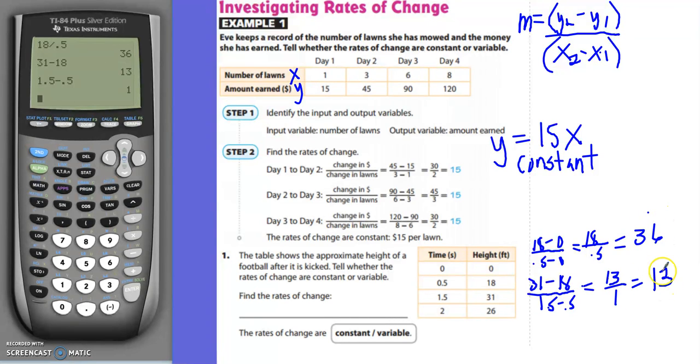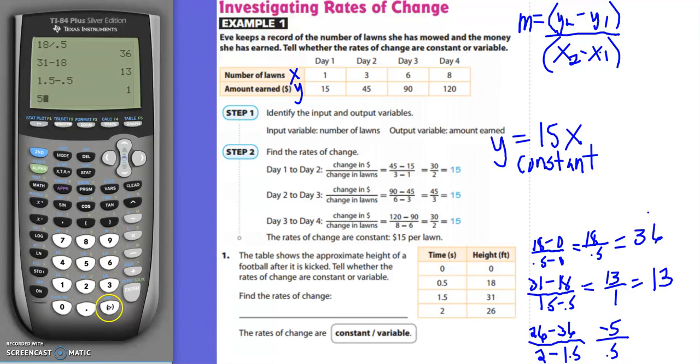Right here, 36 and 13 are not the same. If I want, I can keep going. I can do 26 minus 31 and 2 minus 1.5. 26 minus 31 is negative 5. 2 minus 1.5 is 0.5.